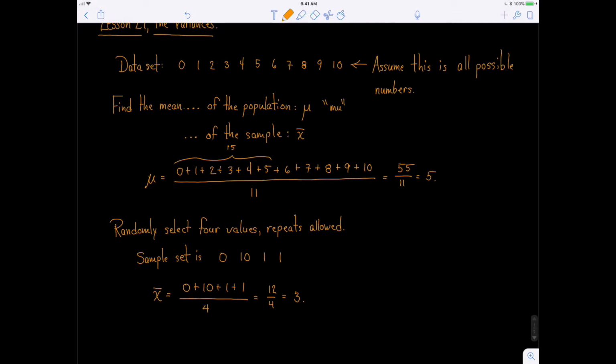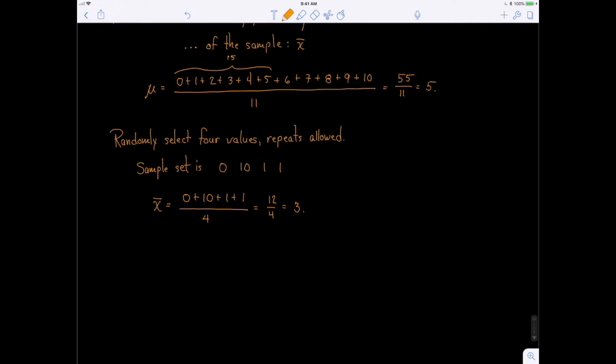So now we're going to try an exercise. We're going to calculate variance two ways.